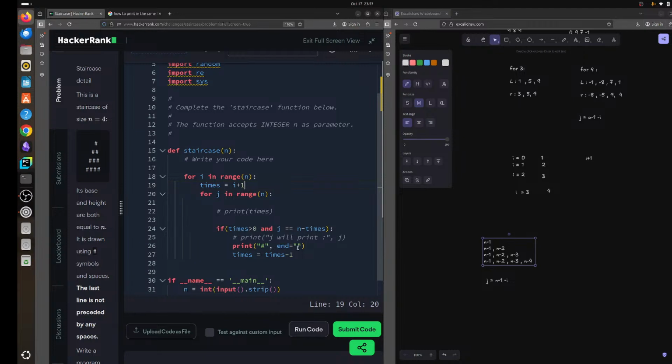This will be printing in the same line. This will go out of the loop. This loop will be over. Where can we print in the next line, I think.